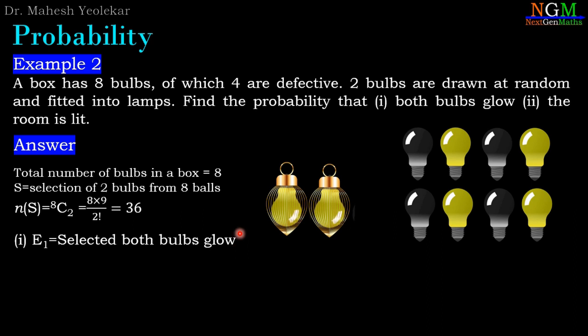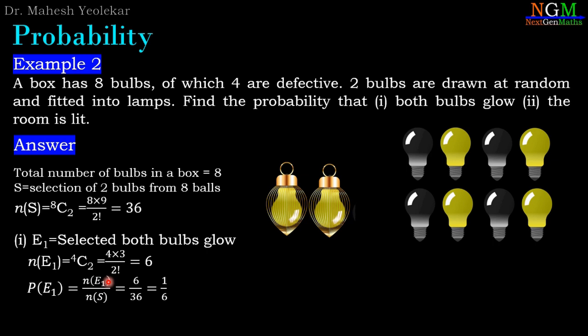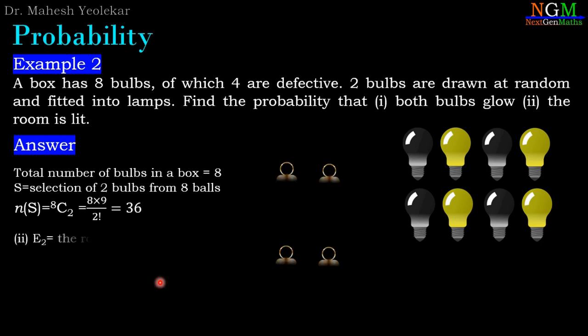So in the box we have 4 good bulbs and 4 are defective. So selection of 2 out of 4 is 4C2, which is 4 into 3 divided by 2 factorial, which is 6. Therefore probability of E1 equals number of elements in E1 divided by number of elements in S, which is 6 divided by 36, equal to 1 upon 6.